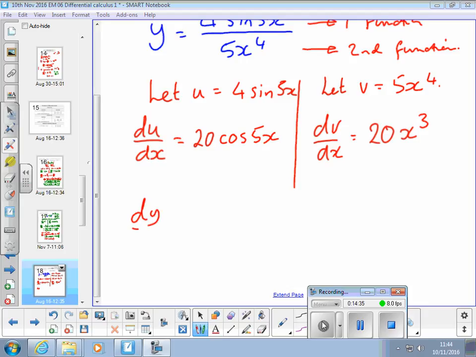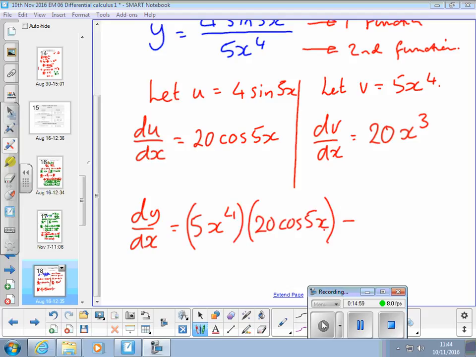dy by dx is equal to 5x to the power 4. That's v. Times 20 times 5x. That's the du by dx.